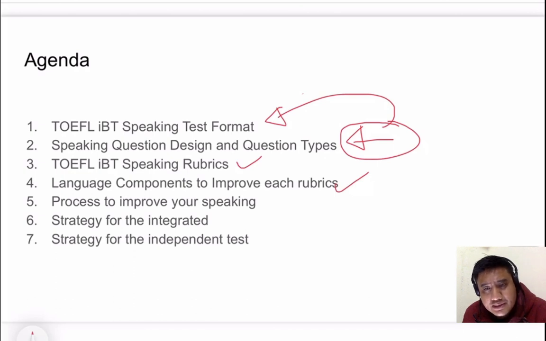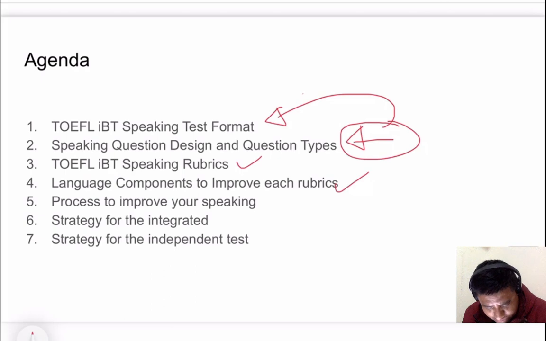In our last video, when I was explaining TOEFL iBT, I also covered a particular process called the OIR model, right? The observe, imitate, and repeat model.